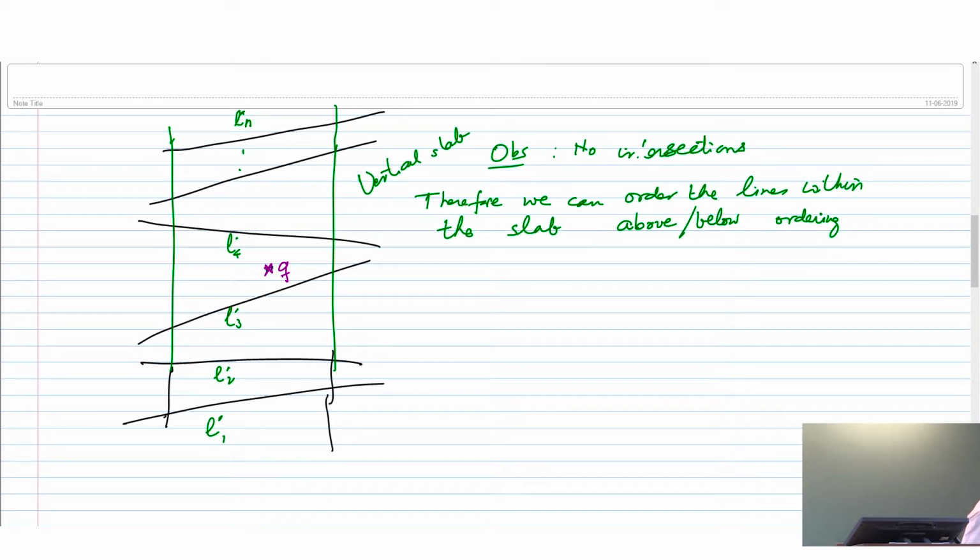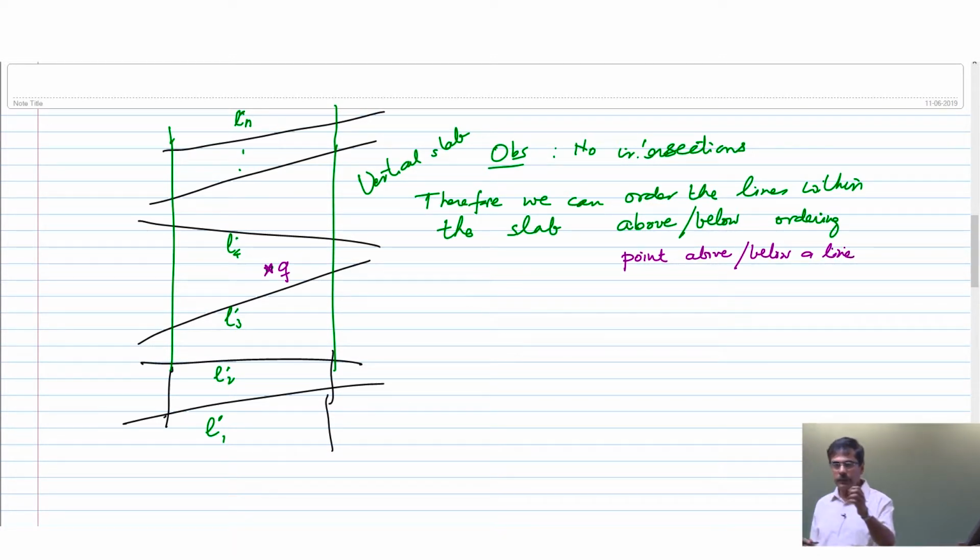We will look at the middle line: is Q below this? Yes, then Q must be occurring here, and so again I do an above-below test. The above-below test checks whether a point is above or below a line, and I am sure you know using your coordinate geometry how to do that.